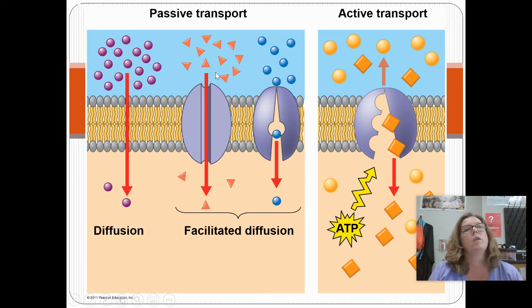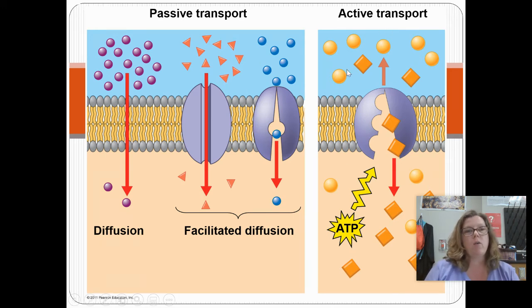Passive transport using an ion channel like you see here, or a carrier protein, just involves passing through a protein to get in. But again, in all of these cases, notice you have the most concentration of whatever's being moved on the outside, the least concentration inside. So you're moving from high to low, which is with the concentration gradient, no energy.